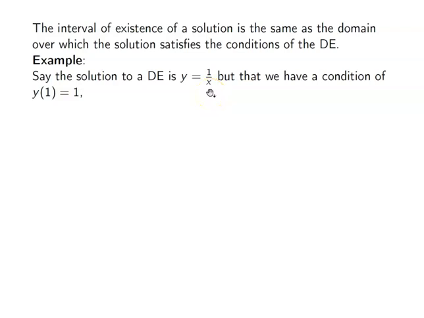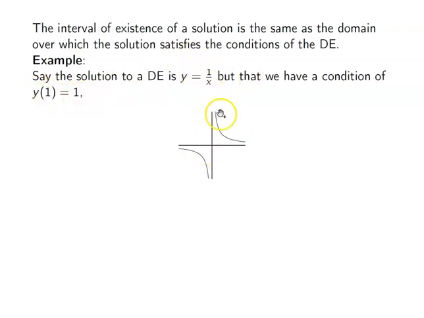If we have a boundary condition, in this case, if I plug in 1, I should get out 1. That narrows down my solution, because the real solution here can be any multiple of 1 over x. In this case, let's say it is just 1 over x.